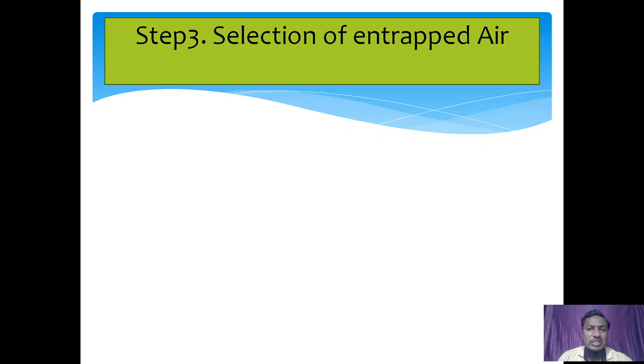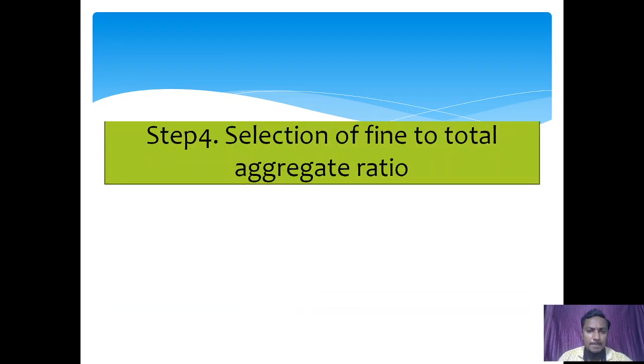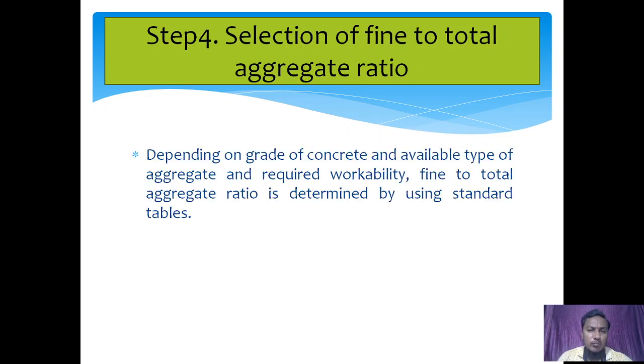Step 3, selection of entrapped air. So this is done by referring to tables from IS 10269 1982, Table number 3. From this table, you may select the amount or percentage of entrapped air. Next step, selection of fine to total aggregate ratio.